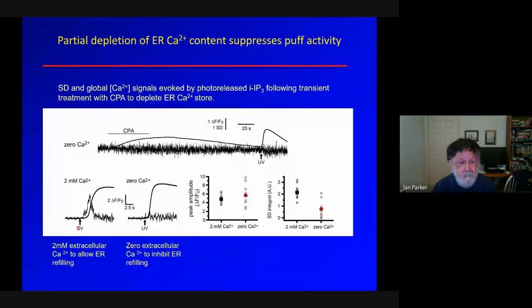Now, when we gave the UV flash photorelease IP3, we have our usual response. We have a global signal, but we recovered our puff activity. So our conclusion is that we have a flurry of puff activity during a global response, but it quickly terminates because of a partial depletion of the ER calcium.